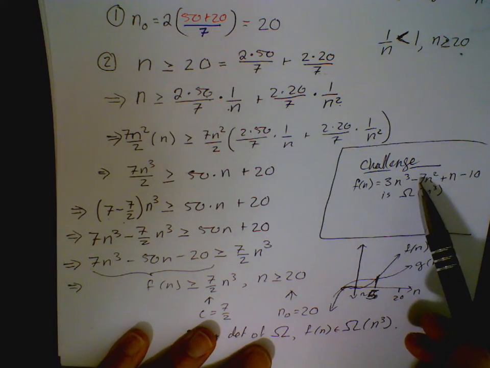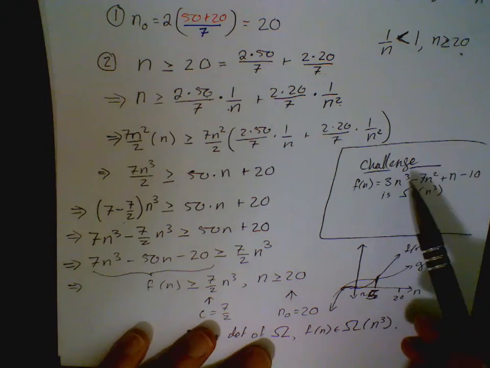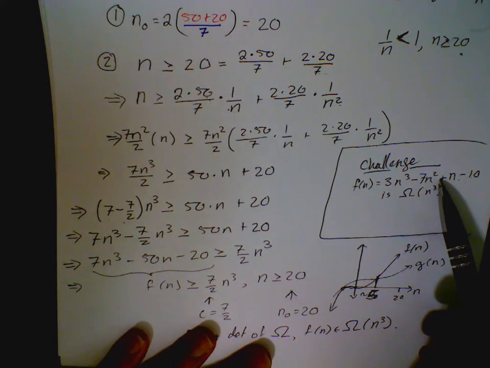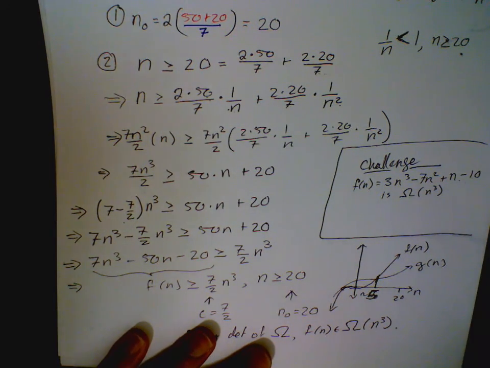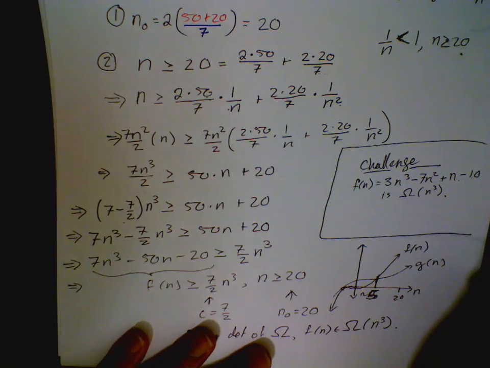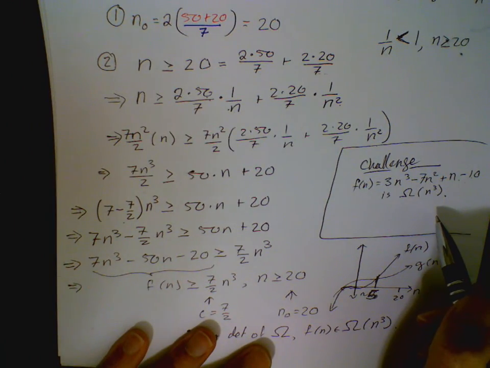Second, all the non-leading terms in the first one were negative. All the non-leading terms in this one, well, 2 of them are negative and only 1 of them is positive. So we have a mix, right? So you also want to think, okay, how are you going to approach that? How are you going to deal with that problem? But work on this, and then put an answer online, and then you can check your answer with that.